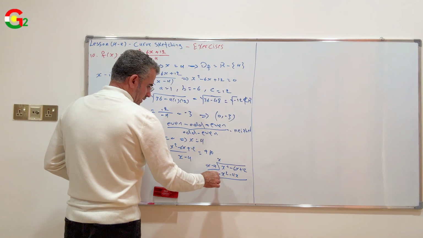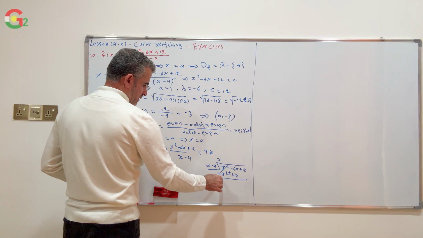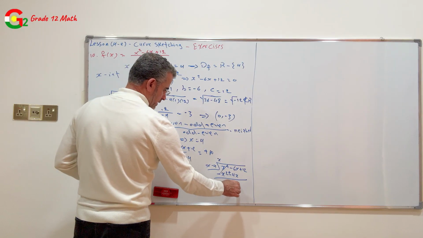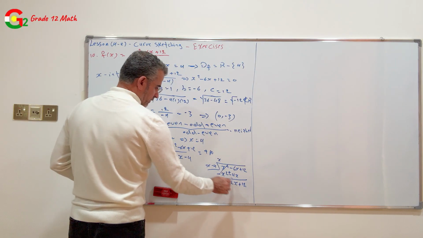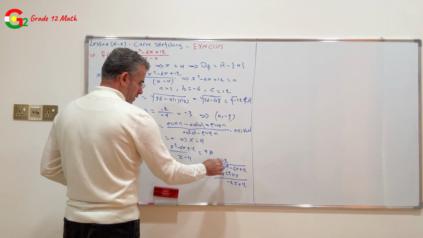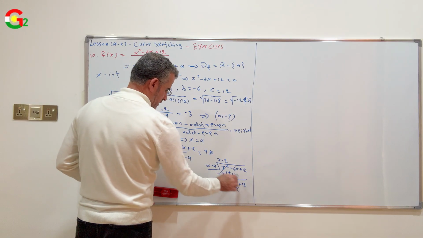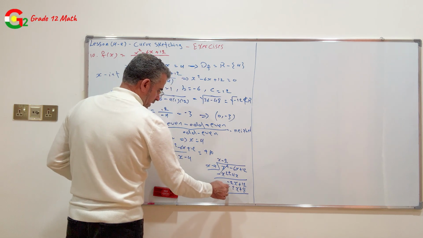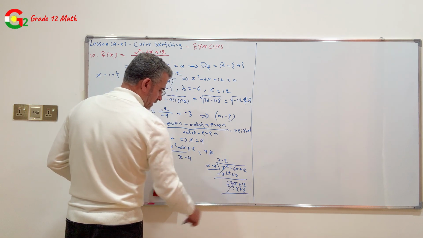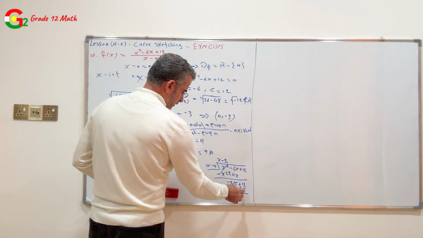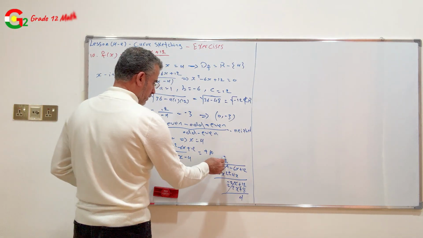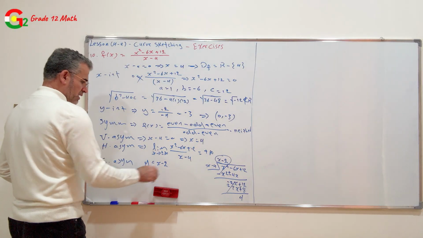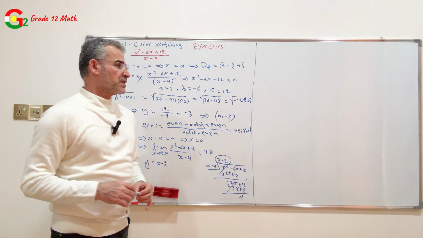By subtracting, x power 2 minus x power 2 is 0, negative 6x plus 4x is negative 2x, plus 12. Negative 2x divided by x is negative 2; negative 2 times x minus 4 gives negative 2x plus 8. By subtracting, negative 2x plus 2x is 0, 12 minus 8 is 4. Therefore, y equals x minus 2 is a slant asymptote for this function.